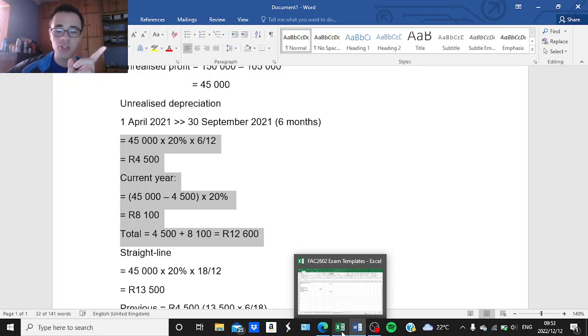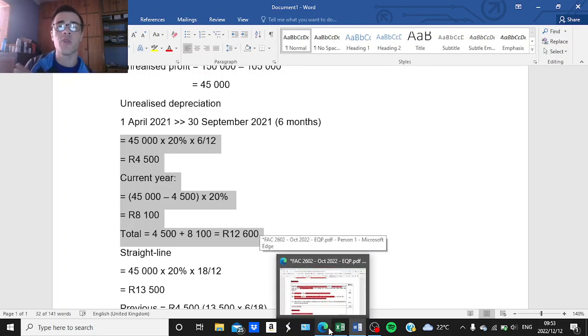So the journal entry would be, now because of the unrealized profit that was made, Valley Limited, the company that purchased the machinery intergroup, provides for too much depreciation in its own financial records. The exact opposite will apply if a loss was made.